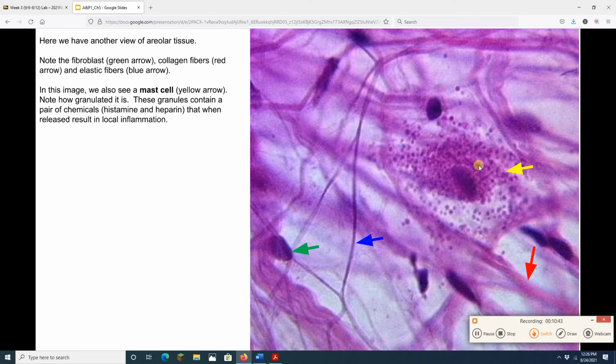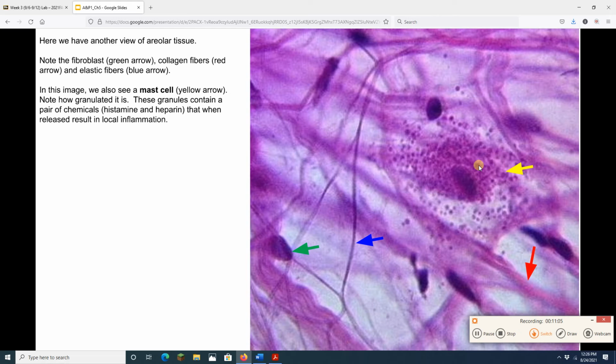Now, remember, we have areolar connective tissue under every epithelium. Well, think about your skin, for example. Your skin has an epithelial surface, the epidermis, right? You damage your skin. It makes sense that the tissue underneath it has these immune cells.